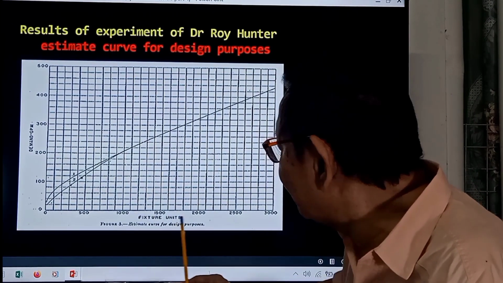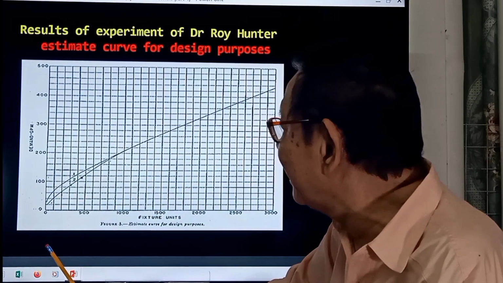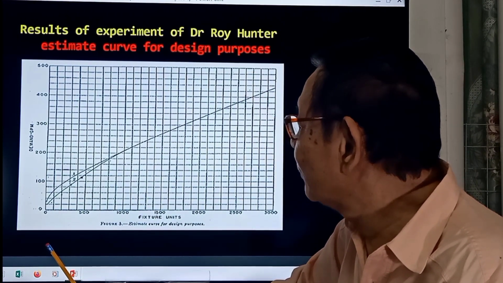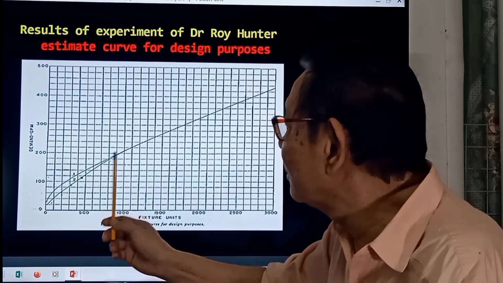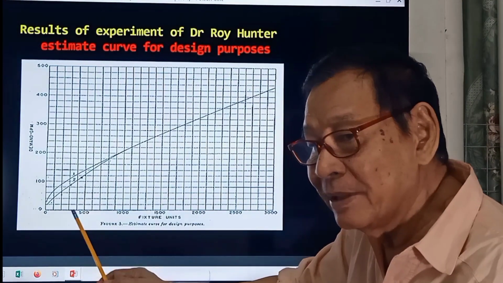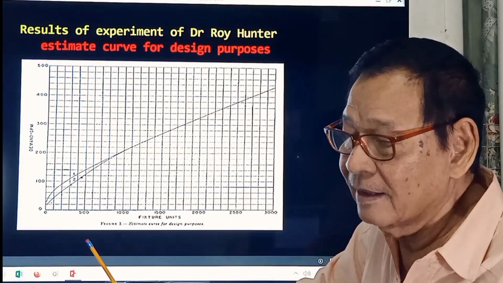So the fixtures unit versus the demand GPM is what Dr. Hunter say our loading is for plumbing system, in the design of the plumbing system.